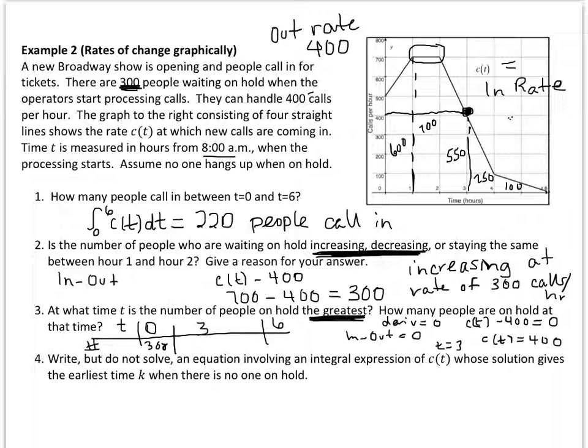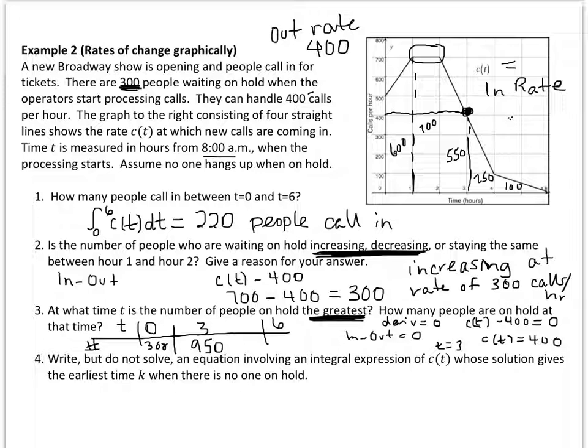The integral from 0 to 3 of C of t is 550 plus 700 plus 600, just adding up the areas. Then I subtract the integral from 0 to 3 of 400, which turns out to be 1200, and I get 950.